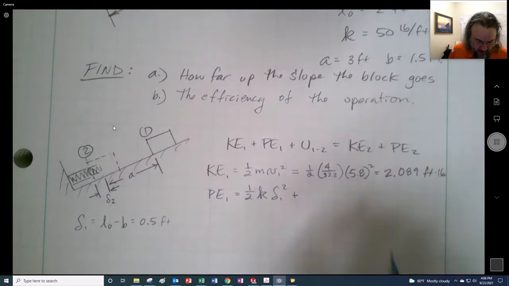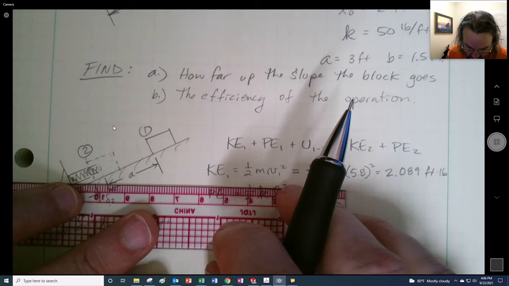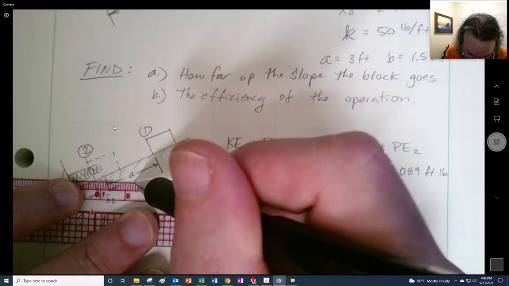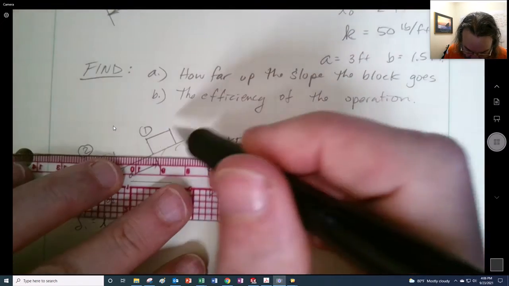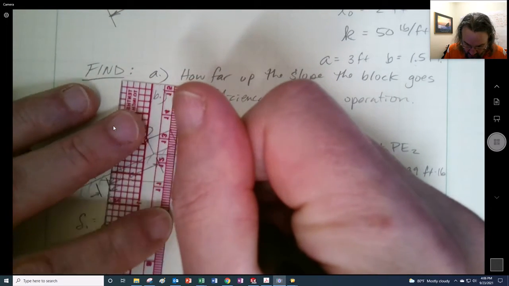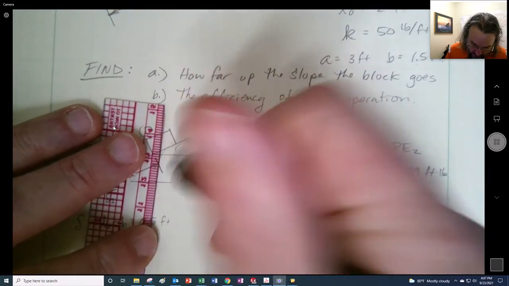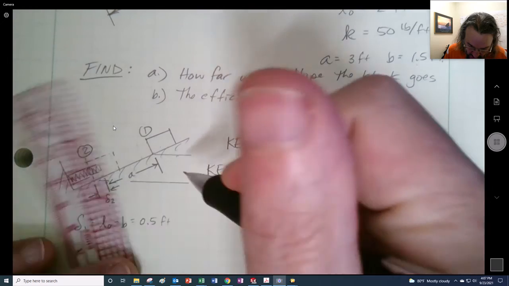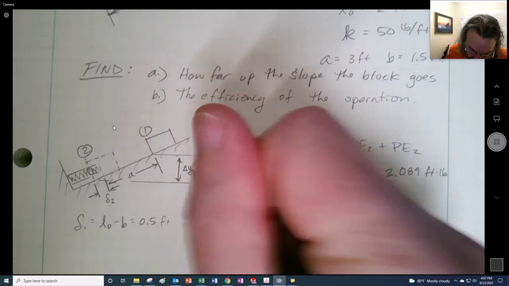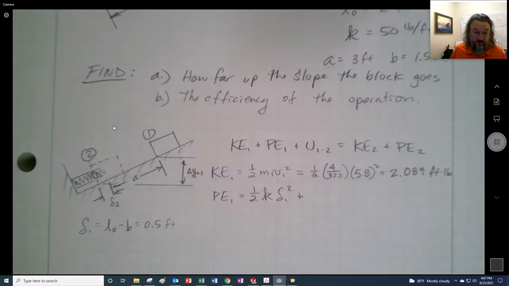But it's also going to be, and this gets a little confusing right here, let's see, I'm trying not to make a mess of my drawing, but this corner right here, we also have this corner right here. So here is the height change between here and here. Let's call that delta y 1, 2.